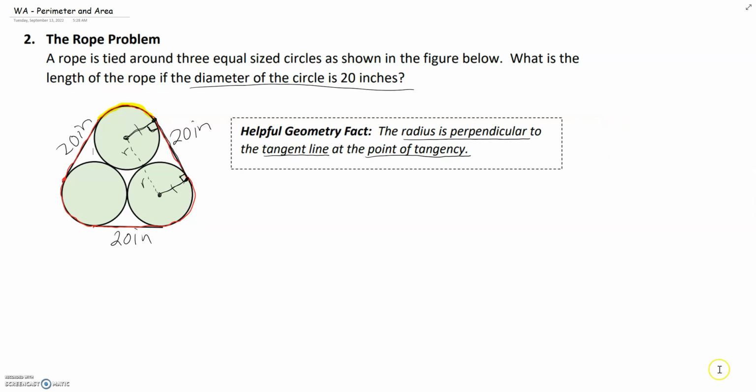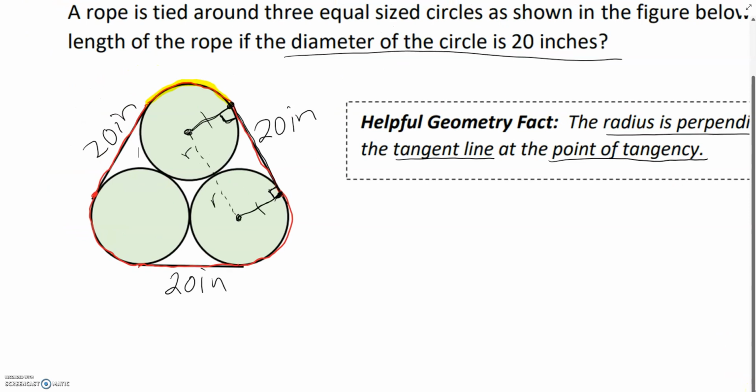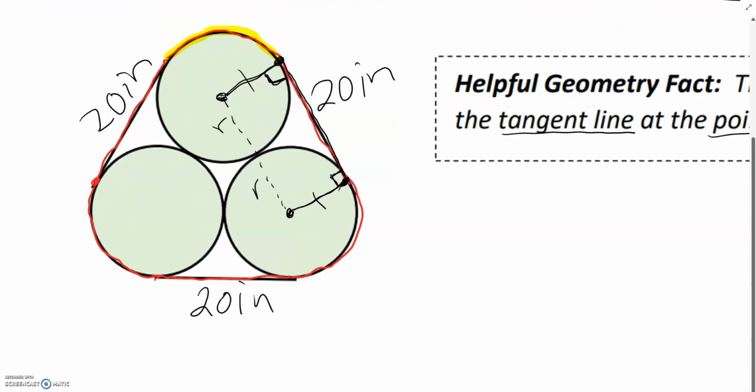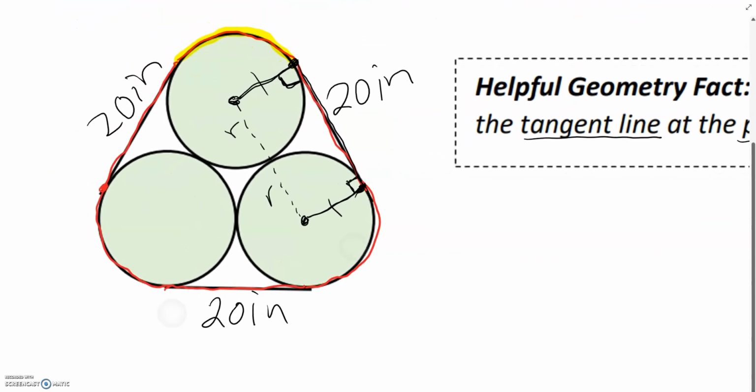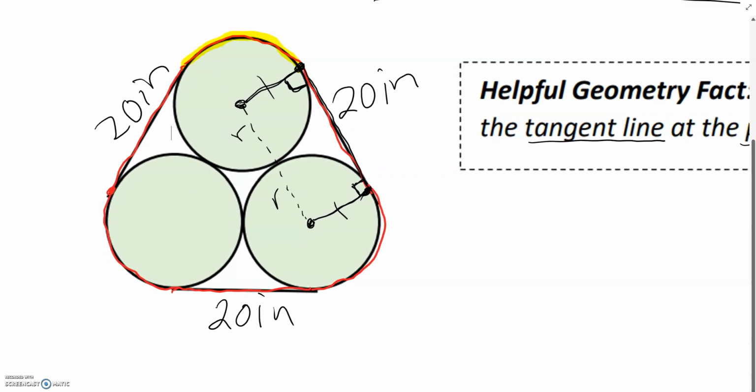And I am going to zoom in so that you can see a little bit better. So there we go. Let's take a look here. So this is going to be 90 degrees, because we said that it has to be a rectangle.